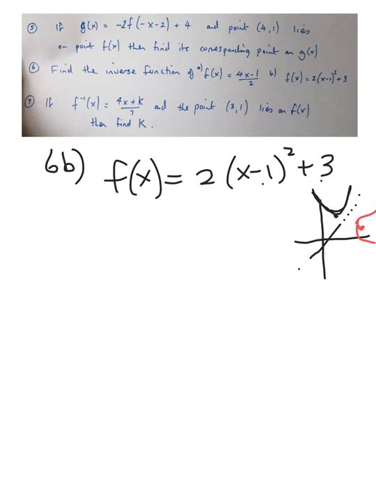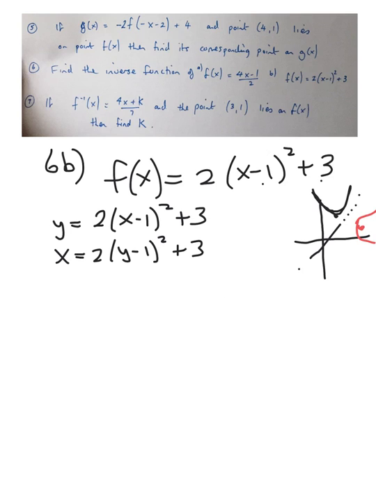So we replace f of x with y, and we get that. And we interchange x and y. And now we're going to solve for y. So take the 3 over, x minus 3 equals 2 bracket y minus 1 squared. Divide by 2. Y minus 1 squared still.